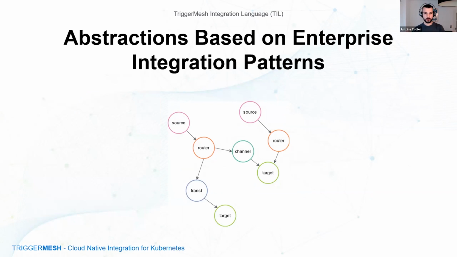You of course have event sources and event targets, right? This is the basis of a service integration. But you also have message routers, which are responsible for dispatching events to different destinations. You have data channels, which are responsible for asynchronous communication. And you have data transformers, which you can interpolate between components to do transformation on the actual data of an event.